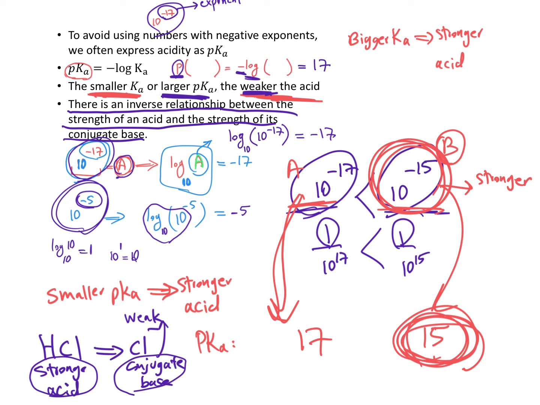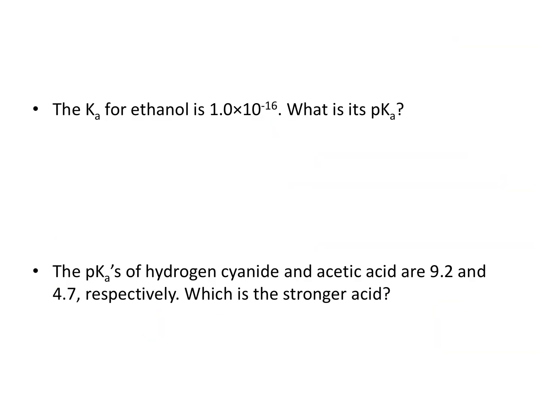Good. So as I said, all of the things that I'm talking about now, I'm going to ask you at the end of the class, and you can easily get extra points by answering them. Kind of 3 points. So let's test if we learned what I talked about. The Ka for ethanol is 1 multiplied by 10 to the power of minus 16.